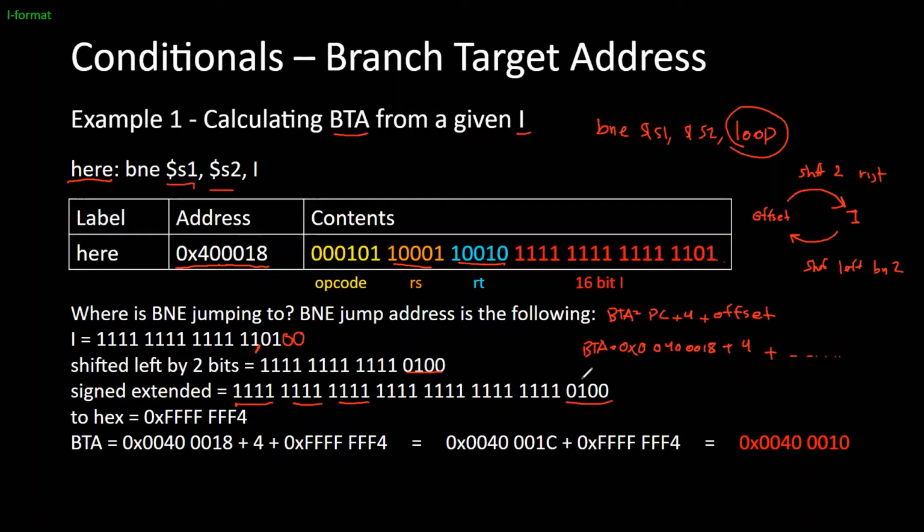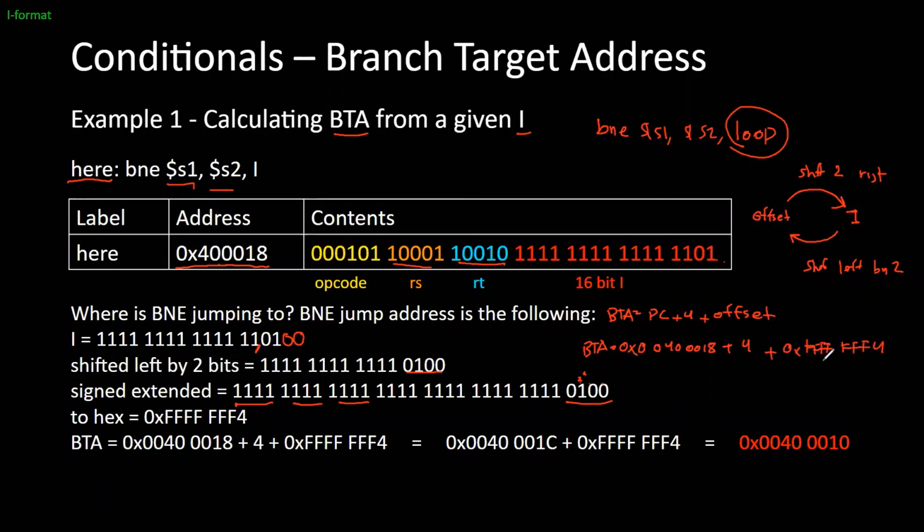This is 2 to the power of 2, so this is going to be your offset value. So I can add that now to my formula: 0x FFFFFFF4.